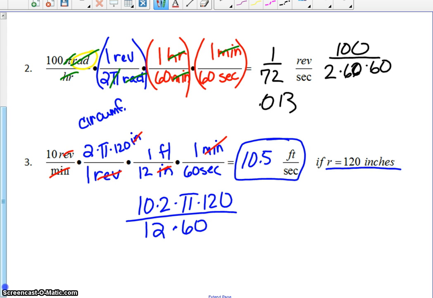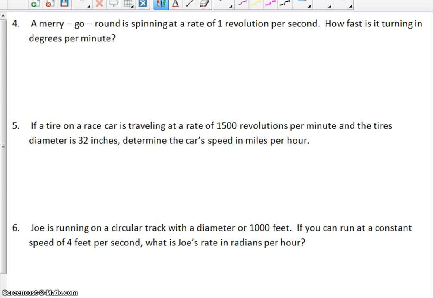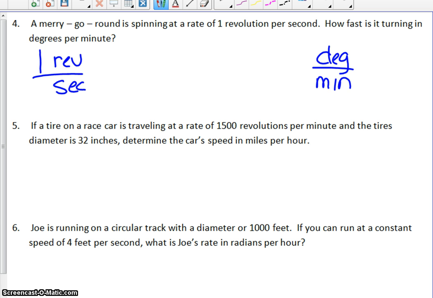All right. So now let's do some word problems here for our note sheet. A merry-go-round is spinning at a rate of 1 revolution per second. How many degrees is it turning per minute? So we have 1 revolution per second. And keep our goal in mind. Our goal is degrees per minute. Let's start with revolution into degrees.